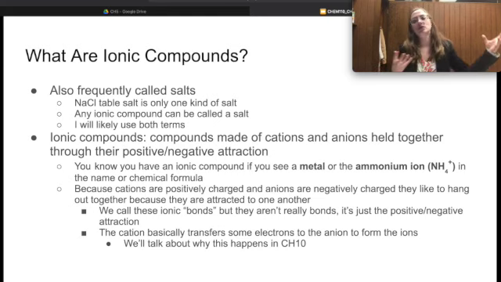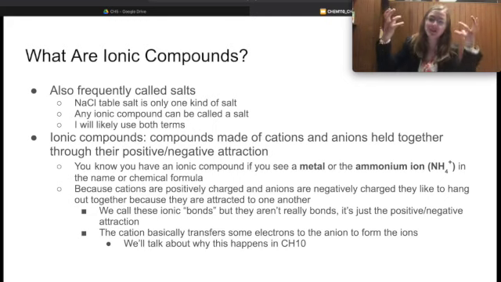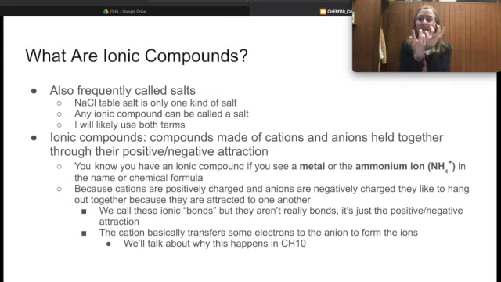However, all we have to know is that the cation and anion have this transfer of electrons. Once they do, you have a positively charged cation and a negatively charged anion, two ions that hang out together because of that attraction, and we call those ionic compounds.